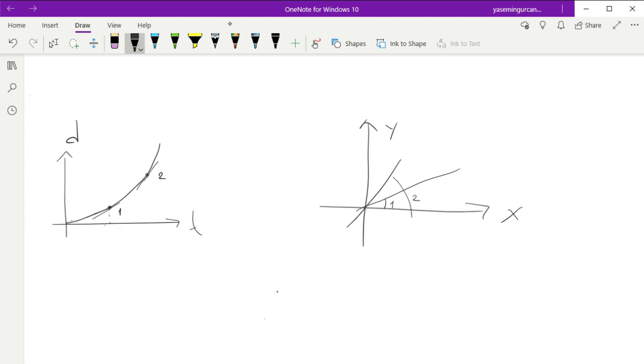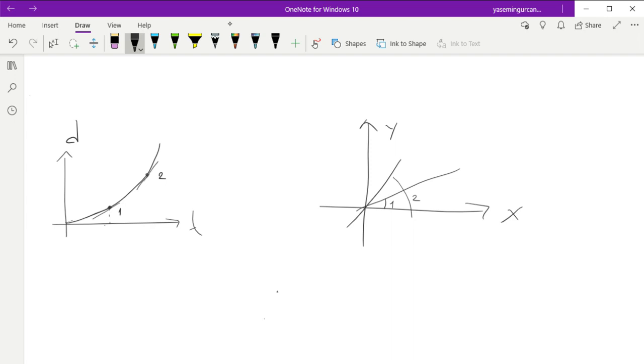We don't do the real calculations since it needs some derivatives, and we don't do calculus-based physics at this level. What we do is look at the tendency of the slope: whether it is increasing, decreasing, positive, or negative. By looking at that, we can draw how the velocity versus time graph would look. That's what I'm going to do.